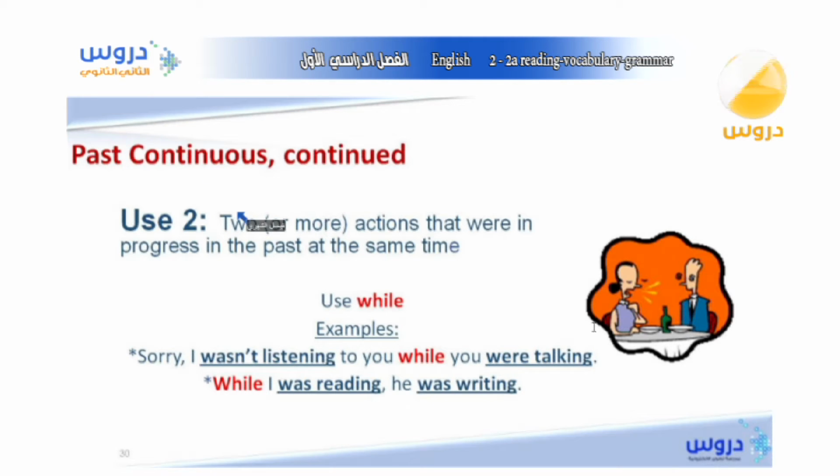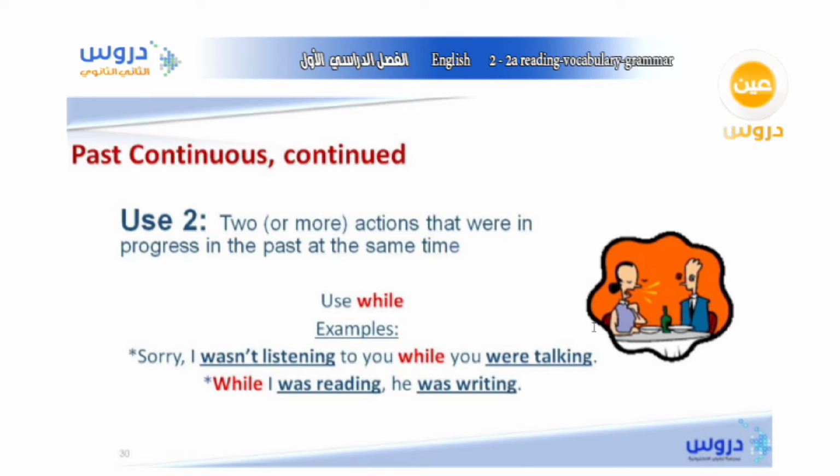So past continuous or progressive: two or more actions that were in progress in the past at the same time. When we have two actions in progress at the same time, we use while. I wasn't listening to you while you were talking. Two actions at the same time, you are using while.